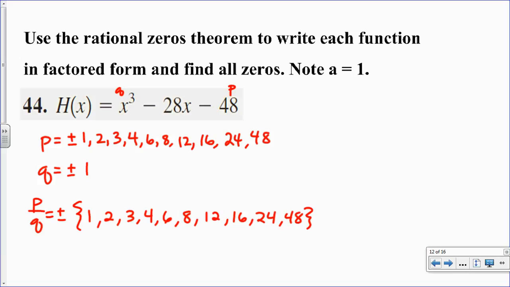So if a number is a zero of the function, then what's true with regards to division? Yeah, it can be divided by, yes, as a factor. But that means what?